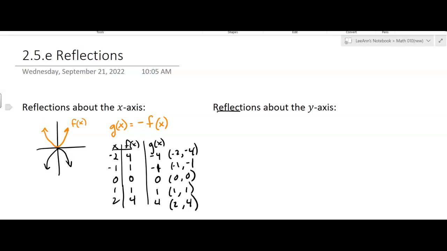We also have reflections about the y-axis. So let's say we have a function, let's have the square root function, like that.